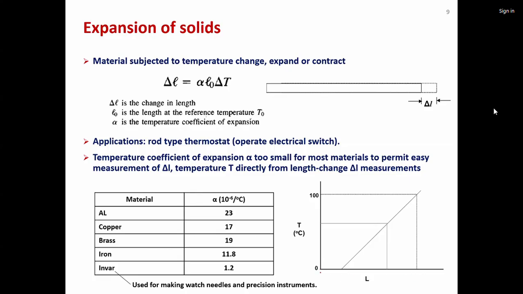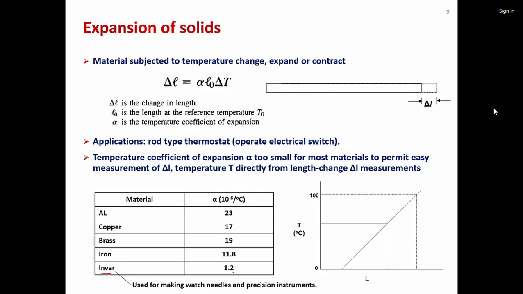But we can have a calibration curve between the temperature and length, and for an unknown length, you can very well predict what the temperature will be. The other thing to notice about the value of alpha for various materials here is that if you look at INVAR, the value of alpha is very small.